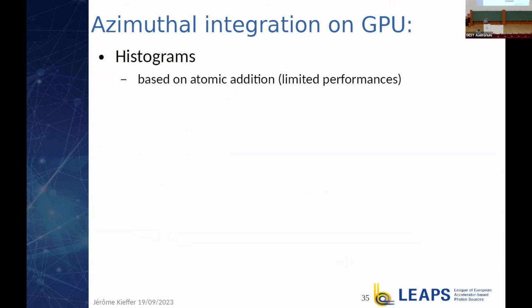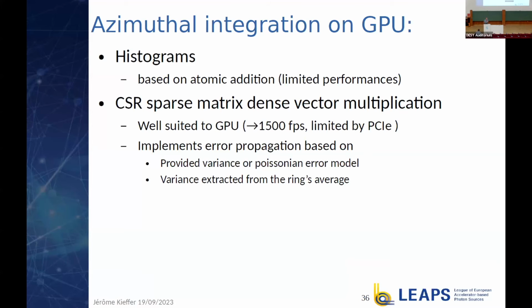I'll say a word. So for the processing, azimuthal integration on GPU, there are two algorithms that are possible: either histograms, which is based on atomic operations, and it's not very efficient. So the CSR sparse matrix multiplication is very well suited. We can reach 1,500 frames per second, and it's limited by the PCI Express bus.